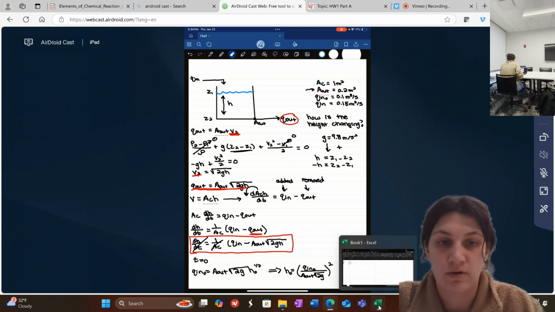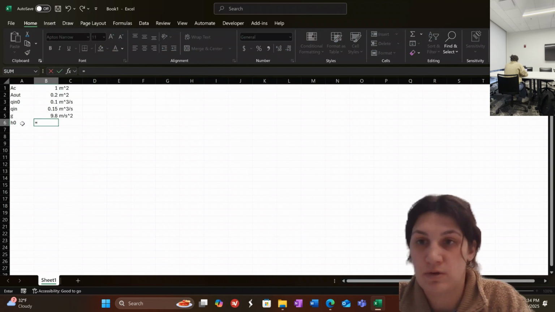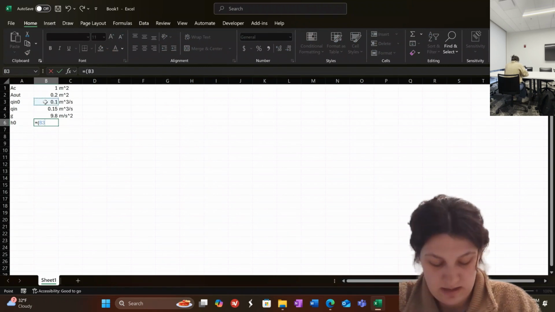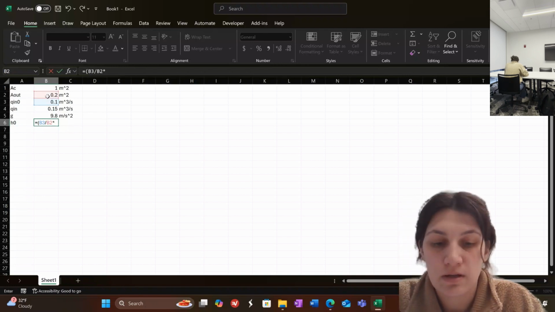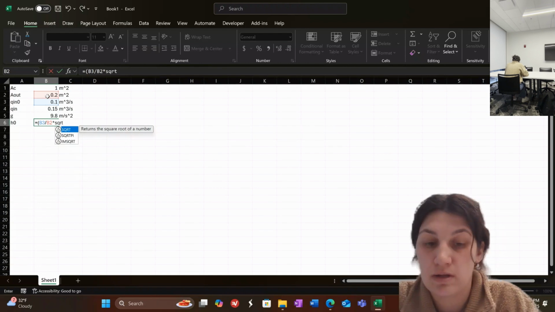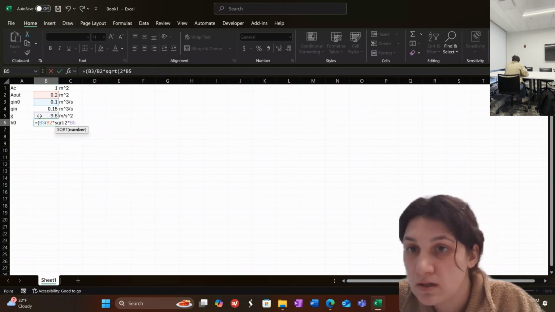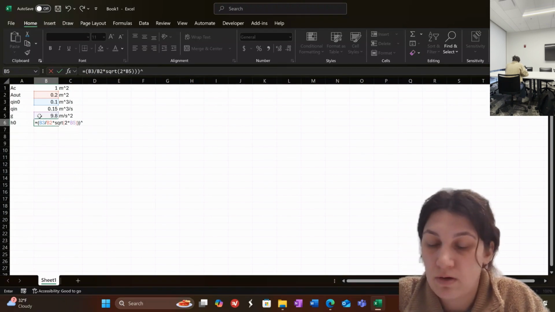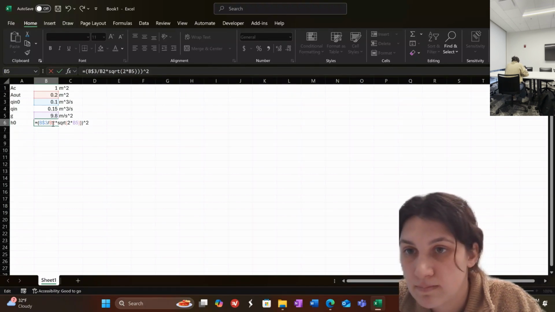We can go over and enter this into Excel. H naught equals Q in naught divided by A out times the square root of 2 times G, all squared.